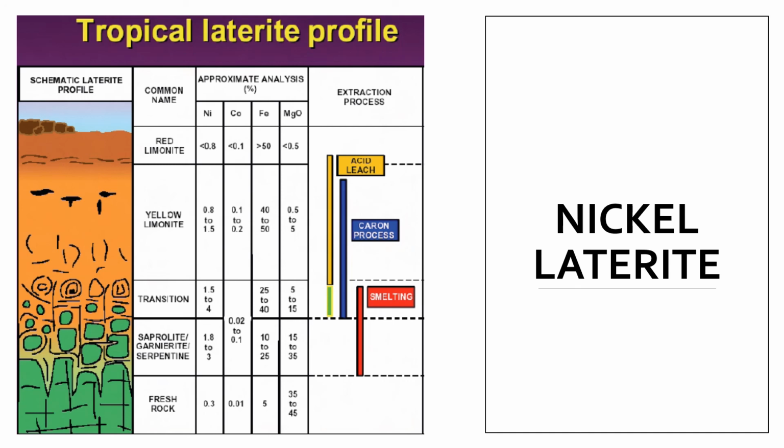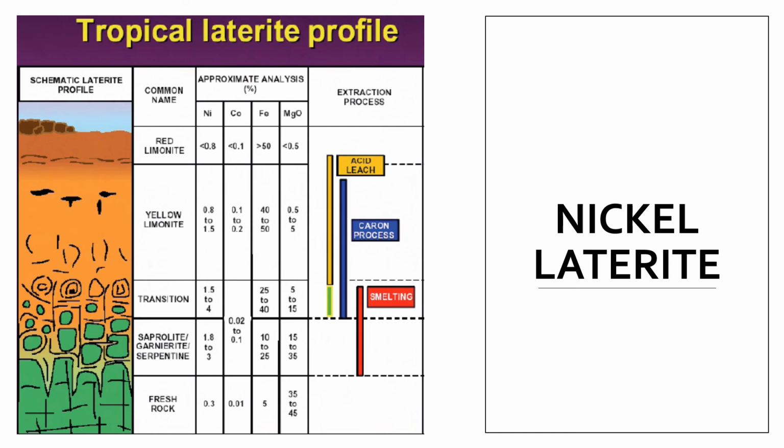And this is your typical laterite profile. Okay, so you start from the bottom, you have your bedrock, and then further above, you have your serpentinite and your altered bedrock, and then it transitions to your laterite deposits.